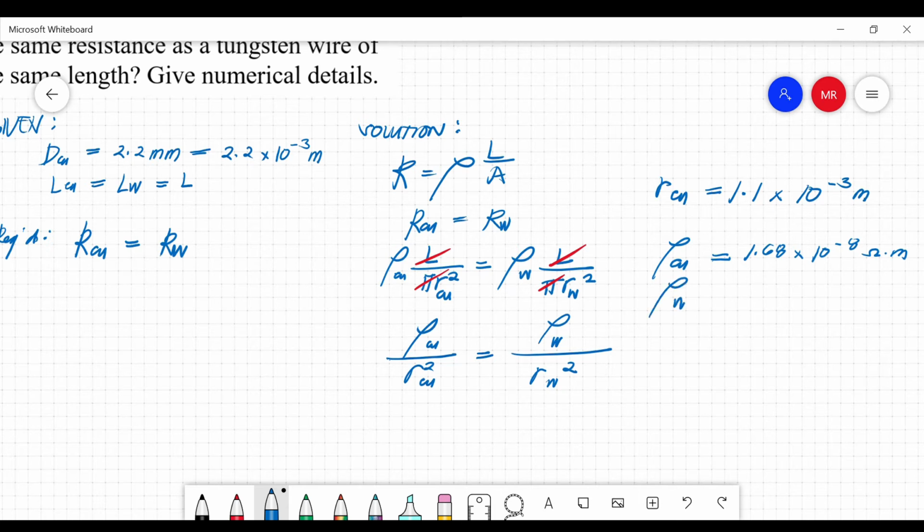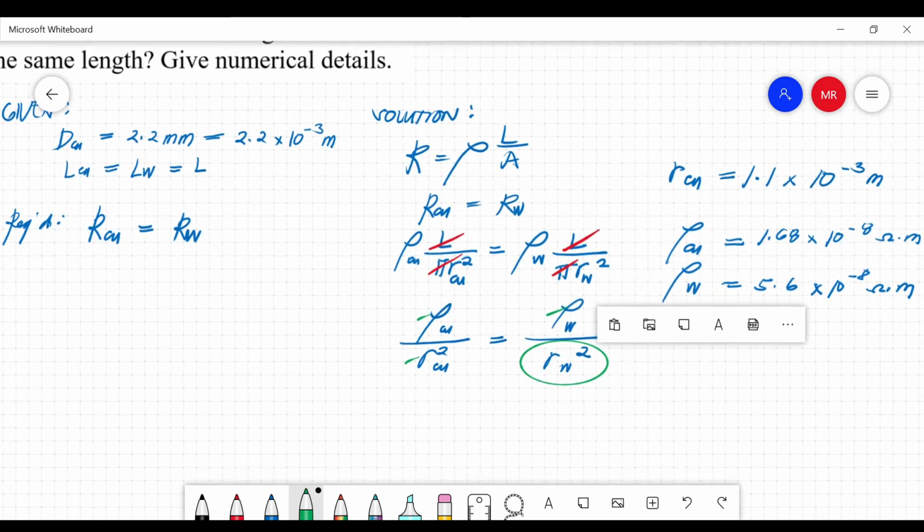And the resistivity of tungsten would be equal to 5.6 times 10 raised to negative 8 ohm meter. So we have now the resistivity constant. We have now the radius of copper. Let's see if we can find a value for the radius of the tungsten wire.